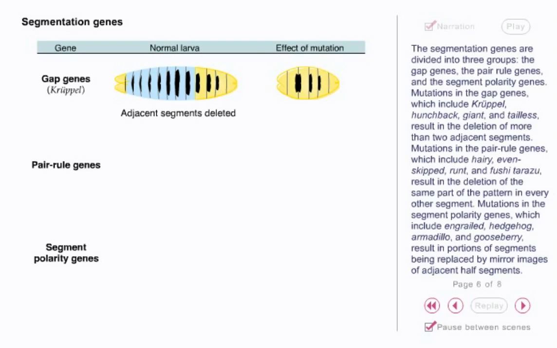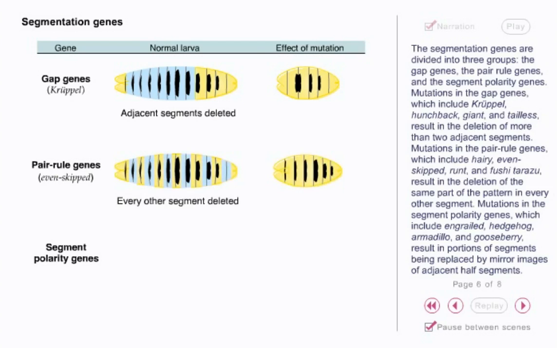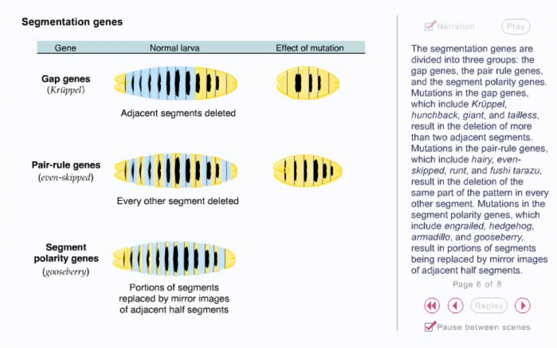Mutations in the pair rule genes, which include hairy, even-skipped, runt, and fushi tarazu, result in the deletion of the same part of the pattern in every other segment. Mutations in the segment polarity genes, which include engrailed, hedgehog, armadillo, and gooseberry, result in portions of segments being replaced by mirror images of adjacent half segments.